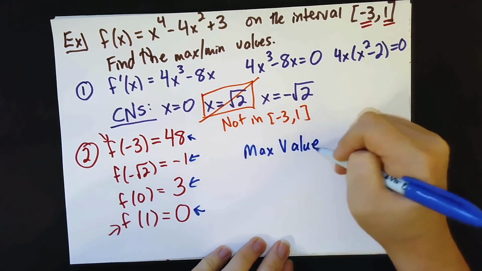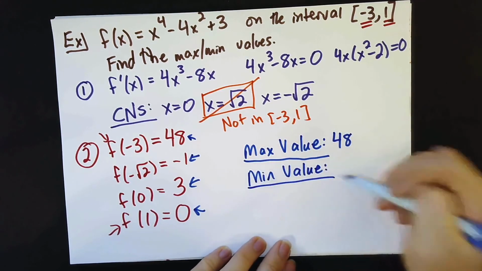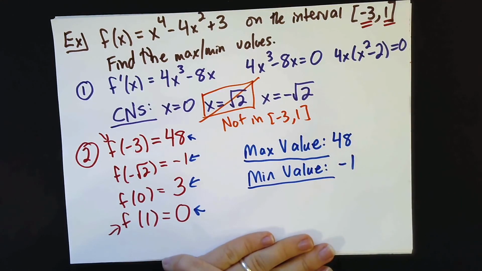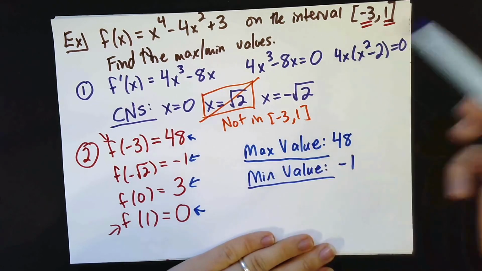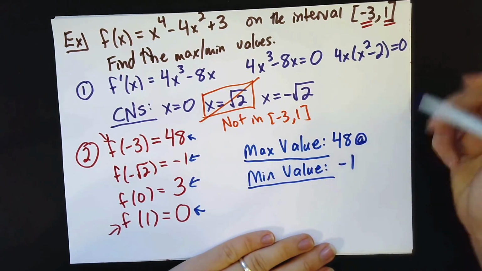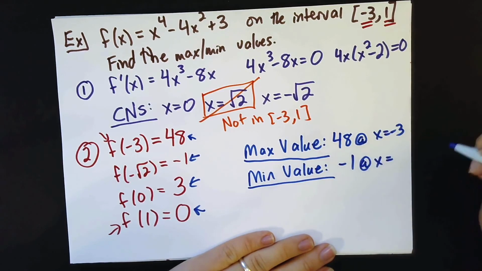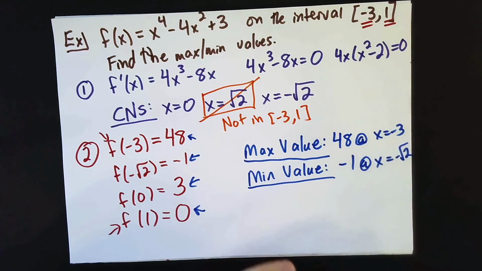So the max value we find is 48, and the min value we find is minus 1. Now, again, I'll remind you, we're giving the outputs, not the inputs, but if you want, you can write here at x equals minus 3, at x equals minus root 2, if you want to keep track of that information.